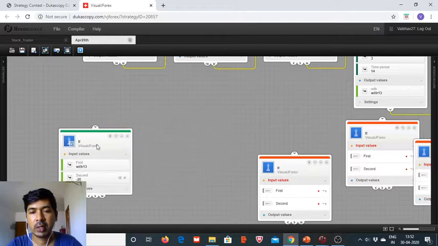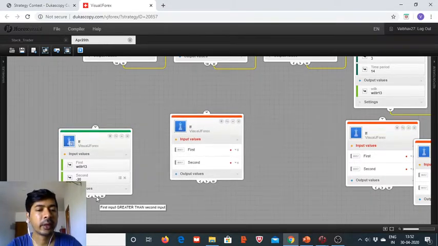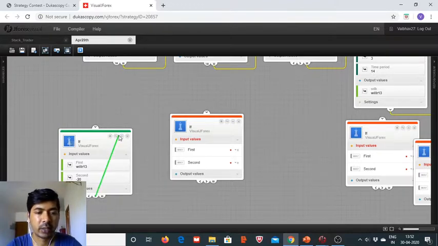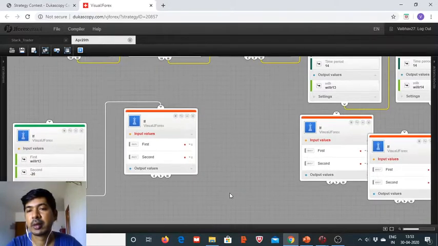Now we link this to this, greater. Keep this in mind. We should get the conditions right, otherwise our algorithm will work or might work in exactly the opposite fashion of what we intended to do. And is greater, yes, it is greater.